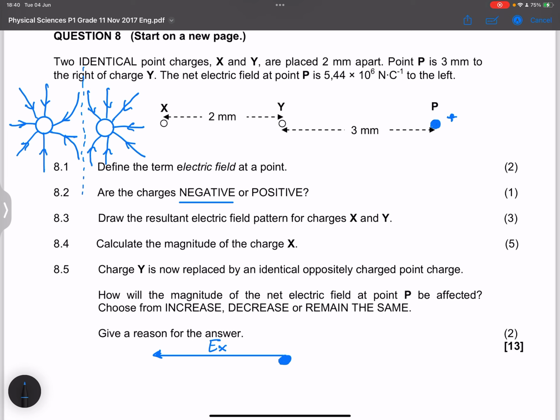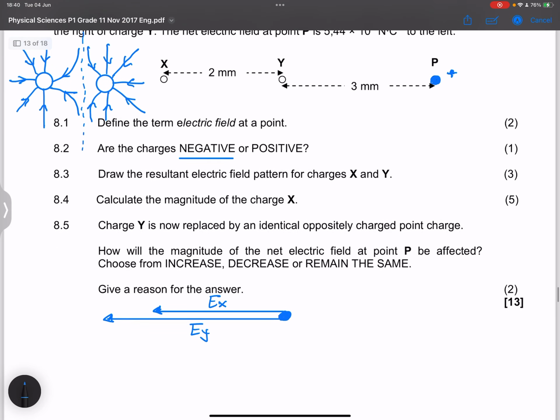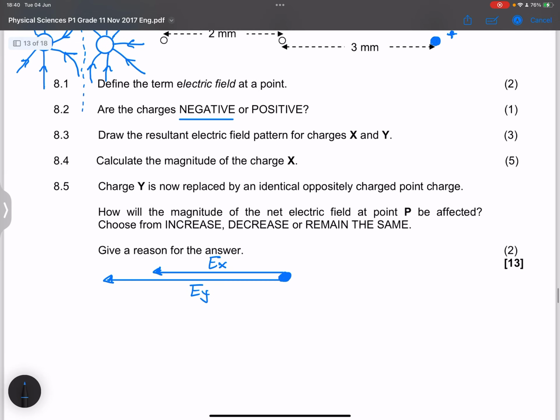But you'd also have EY, and I know EY would actually be much bigger, because the distance is actually smaller. Which means E net would be equal to EX plus EY.